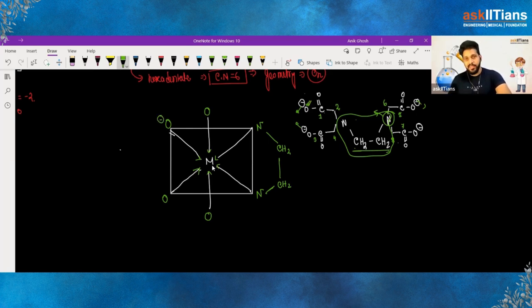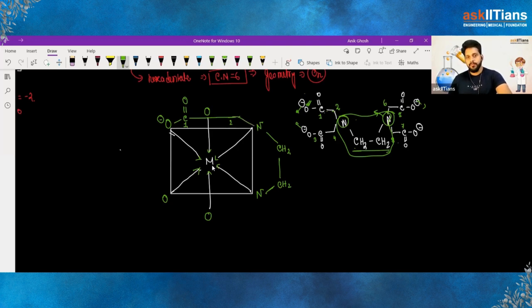Now, this is connected to carbon number 1. So let's draw carbon number 1 here. Double bonded 1. This is my carbon number 1. Then carbon number 1 is connected to carbon number 2. Let's draw carbon number 2 now. Then carbon number 2 is connected to a nitrogen. Just connected to it. There we go.